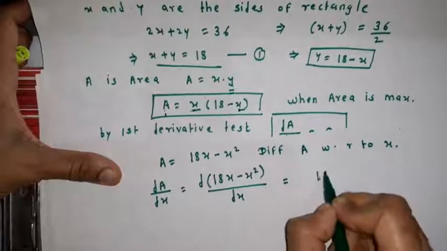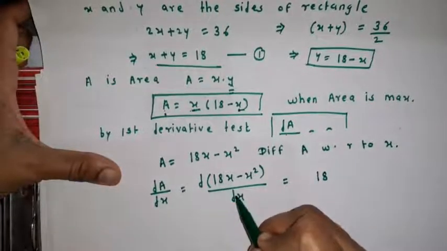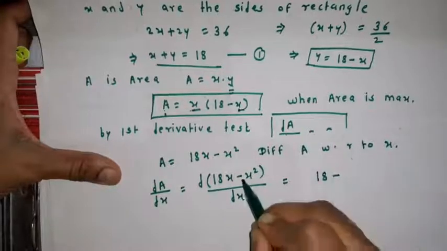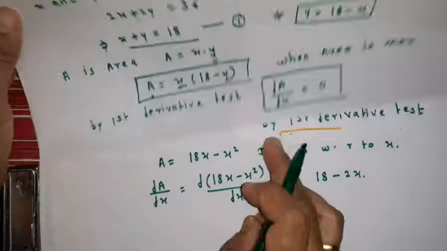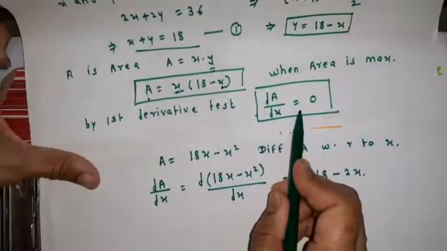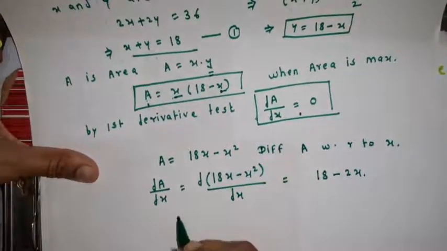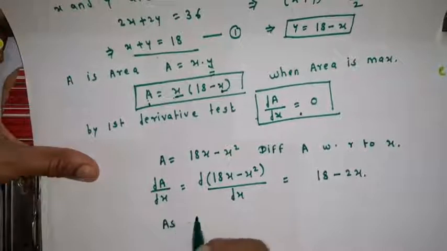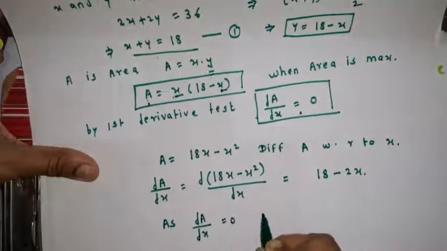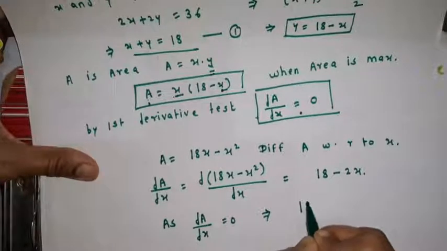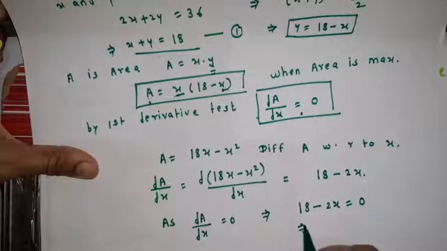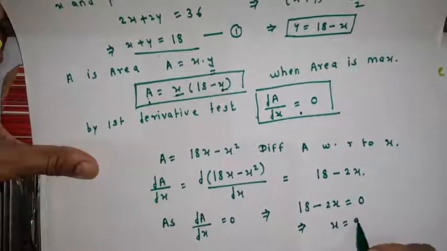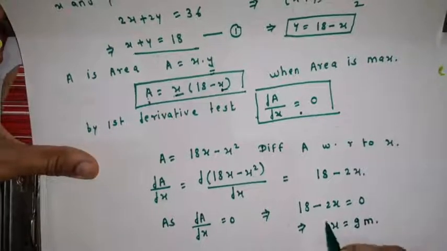The differentiation of 18x is 18, minus the differentiation of x square, which is 2x. But as dA by dx equals 0, this implies 18 minus 2x equals 0, and this implies x equals 9 meters.